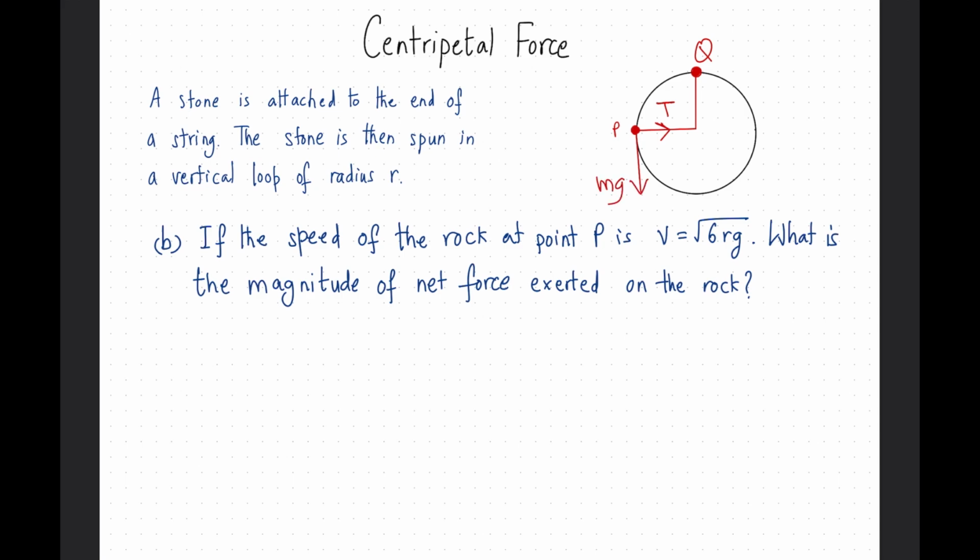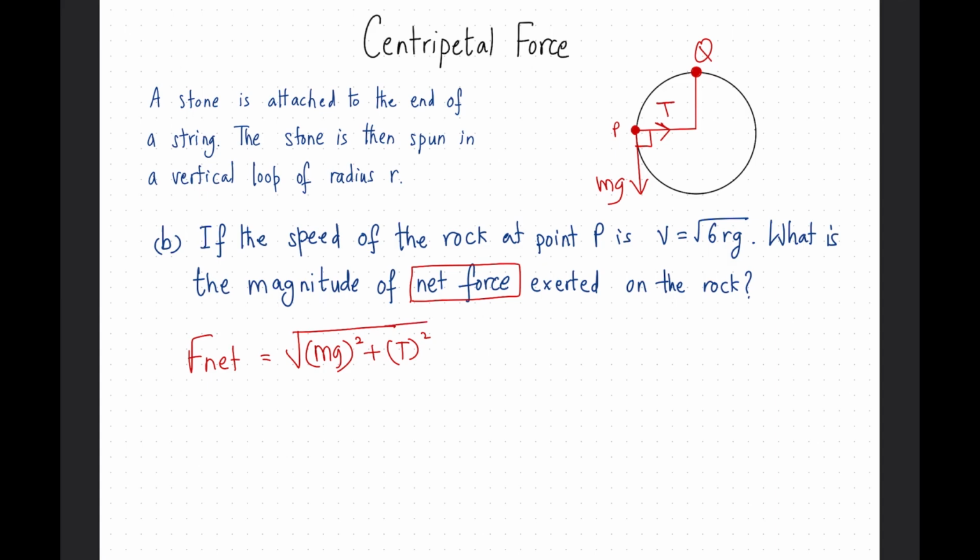It's asking us what's the magnitude of the net force, and we can clearly see that there are two forces acting, one towards the center and one because of the force of gravity. So net force F net will be equal to square root, because they make an angle of 90 degrees, of mg square plus T square.